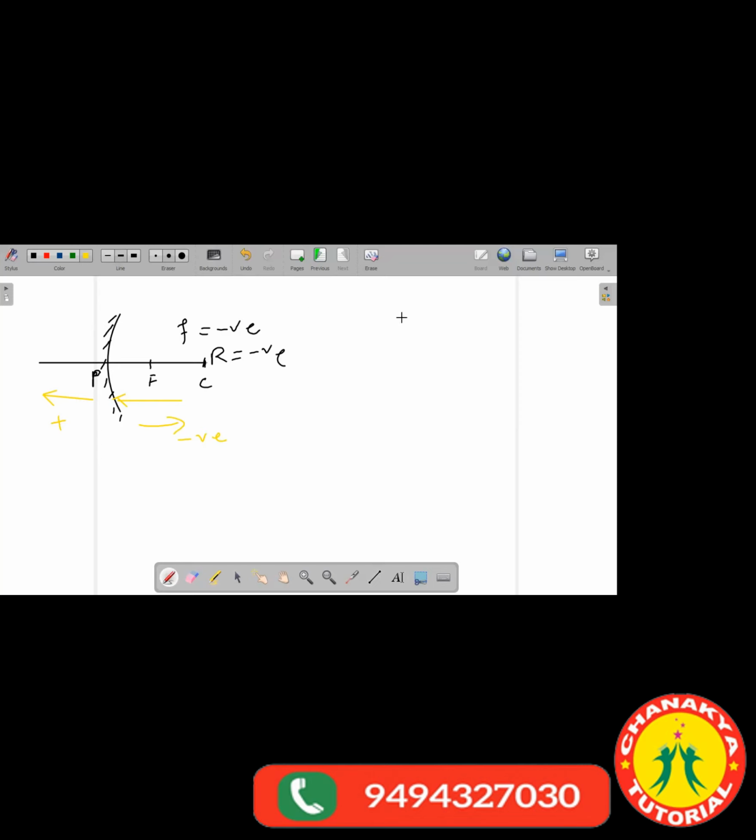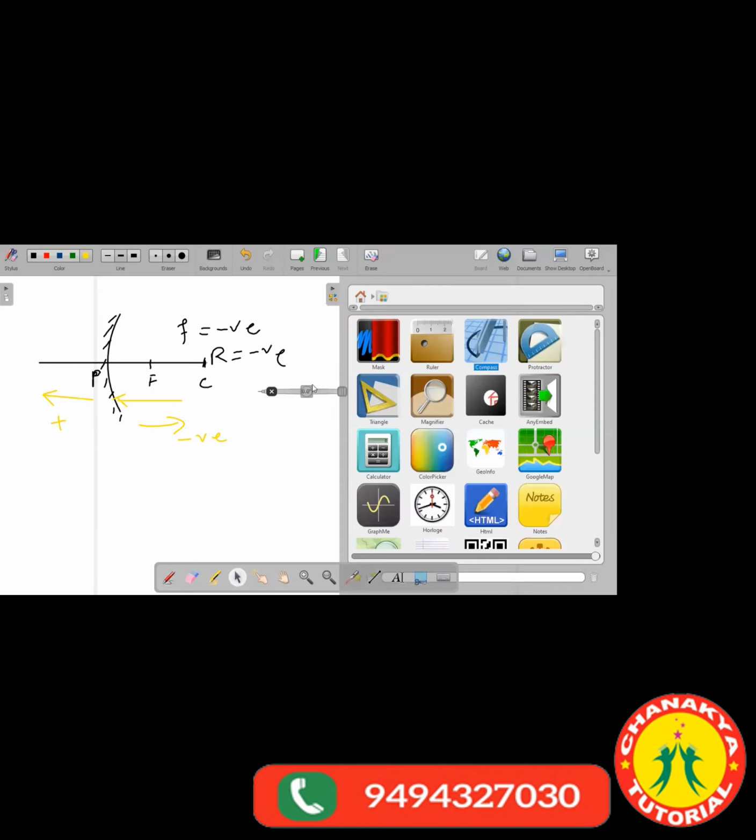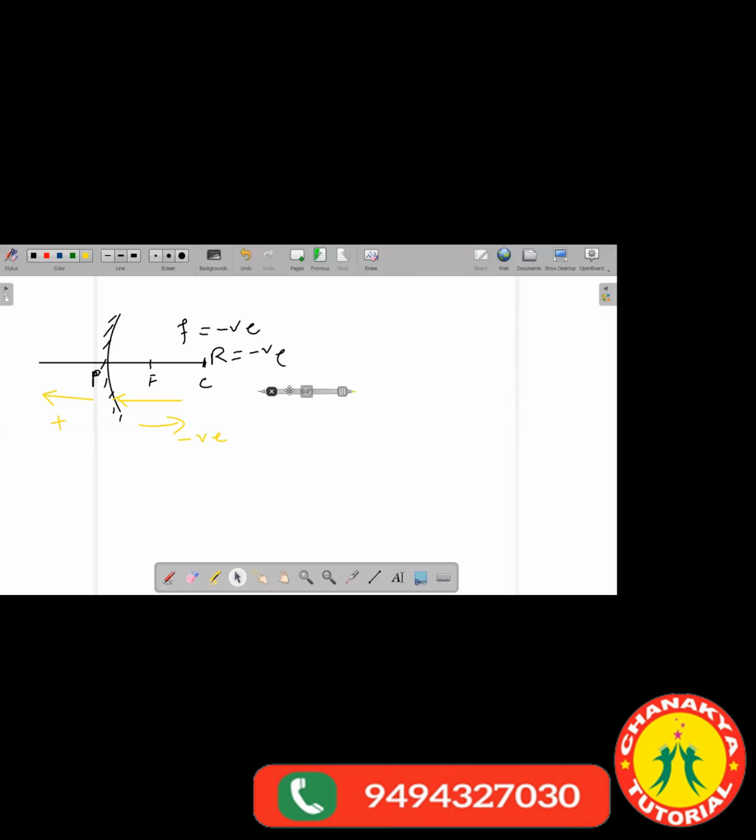Now for the convex mirror, the scene changes. For a convex mirror, the object distance is negative and everything else is positive. This is now a convex mirror, right?